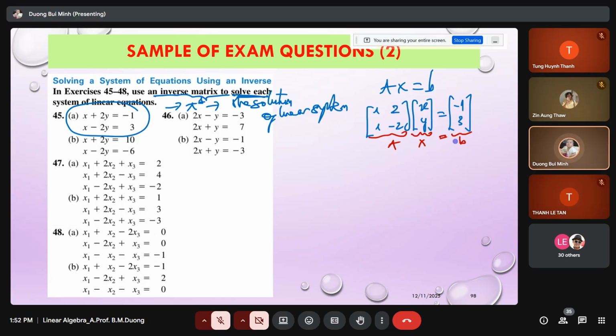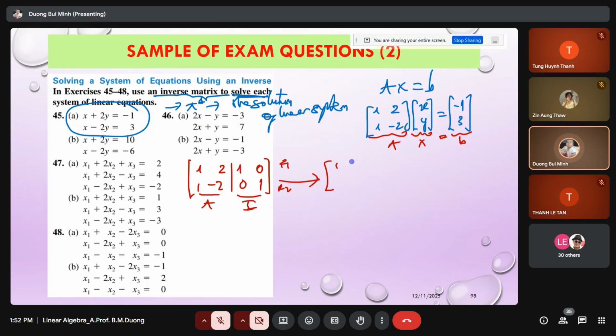So we need to calculate the inverse of A. So you get [1, 2 | 1, 0; 1, -2 | 0, 1]. This is A, this one is I, and then we try to get I and the inverse of A. So this is R1, this is R2.